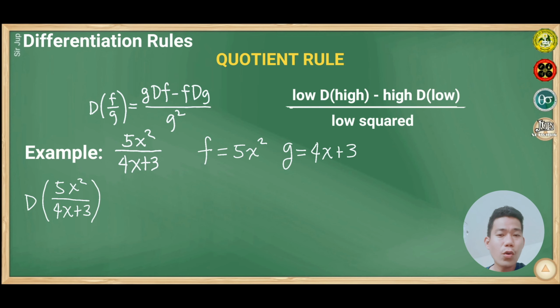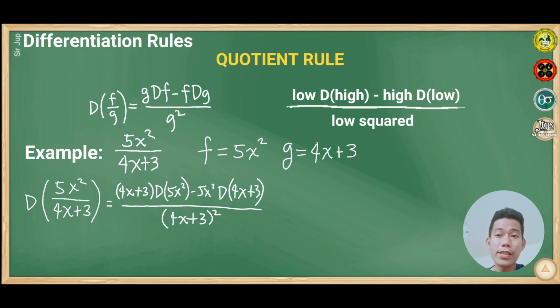Okay, so using low d high minus high d low over low squared. So low d high, so low is 4x plus 3, right? Derivative of high, that is derivative of 5x squared, minus high d low, so high is 5x squared, d low, derivative of 4x plus 3, all over 4x plus 3 squared.